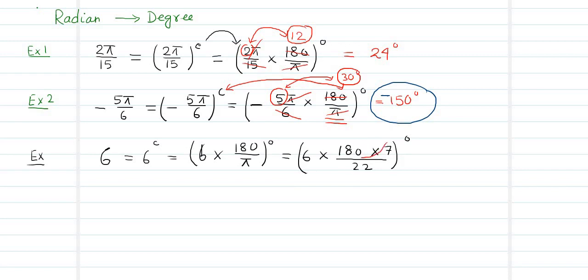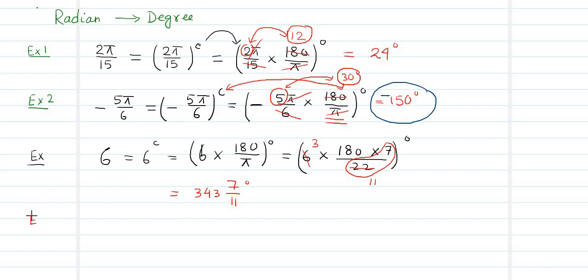After calculation, we can find it like 343 whole 7 by 11 degree after simplification. One simplification that we can do is cancel 6 by 2 and 22 by 11, then you will find 11. So as a result, after calculation, we can find 343 whole 7 by 11 degree.